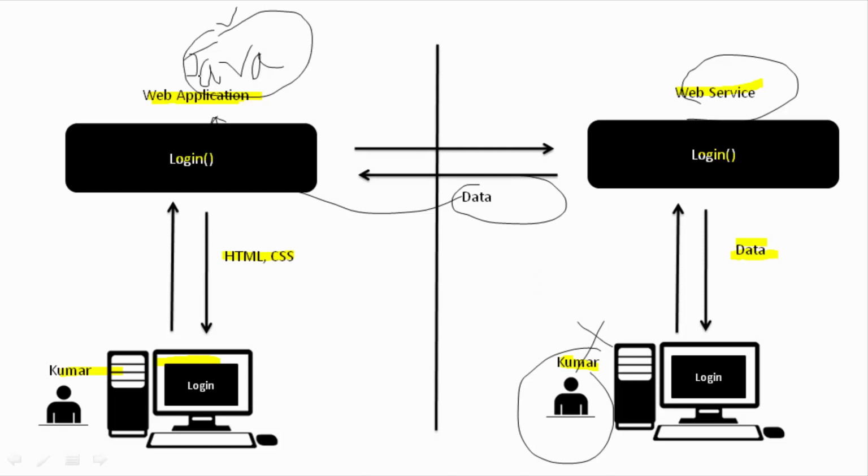Even if the web application is developed in .NET, it would still be able to send the request to this web service, and the web service would send the response back, which will be data, and that could be understood by a .NET application as well, or maybe C. If this web application is developed in C as well, it can still send the request to this web service, and the response could be understood by this web application.